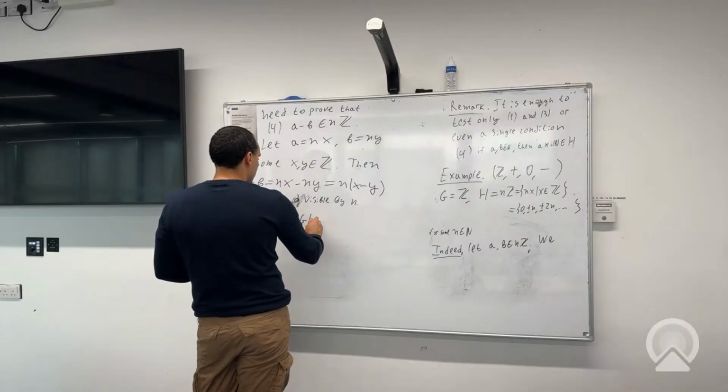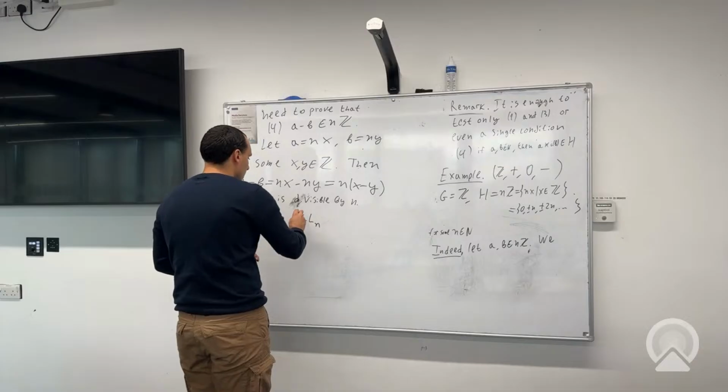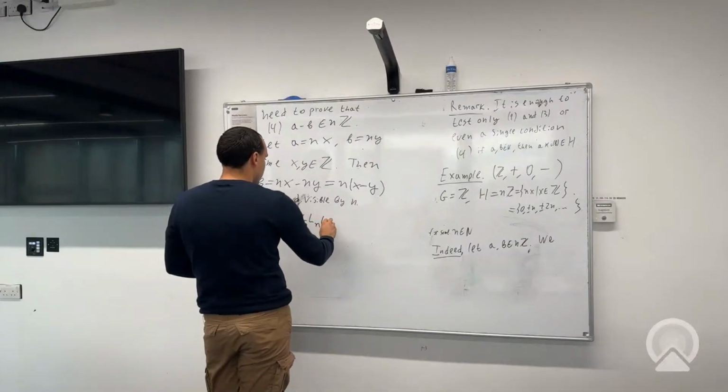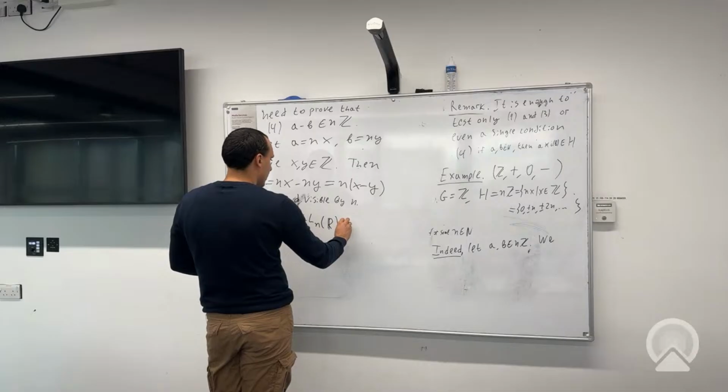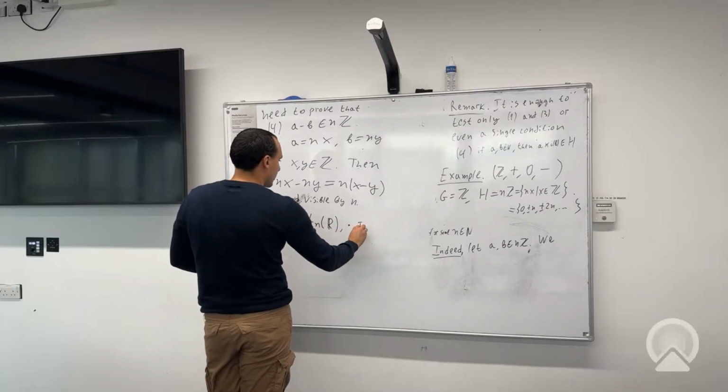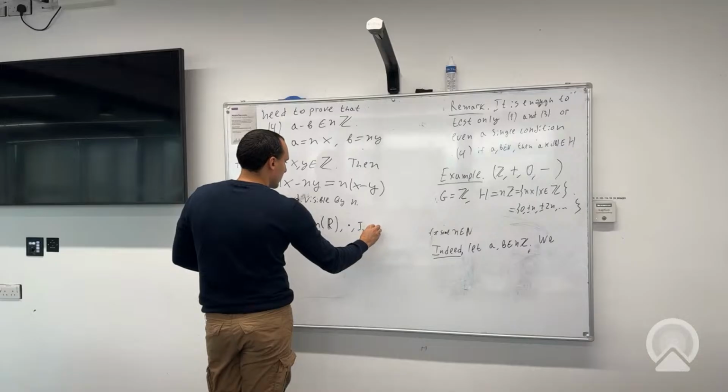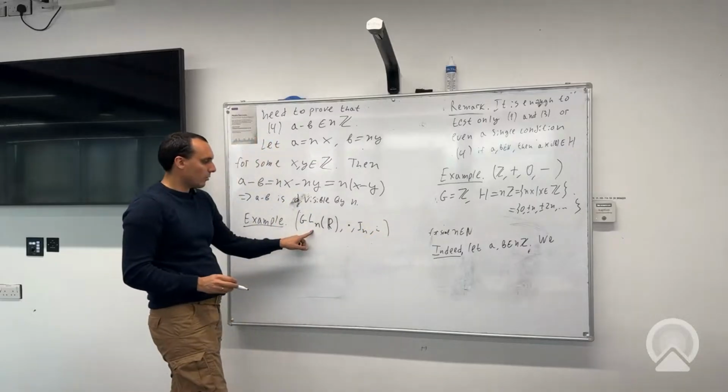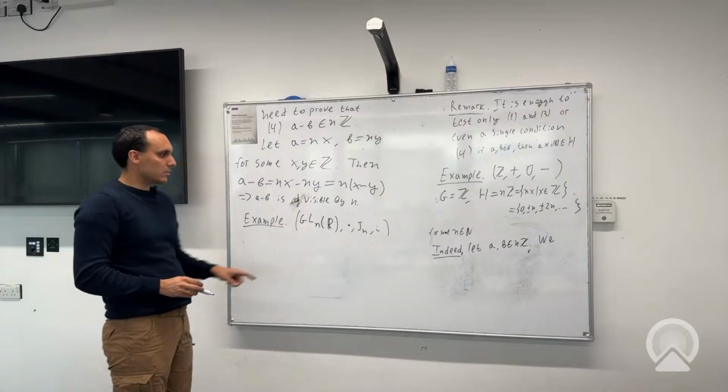Let me repeat the general linear group of, let's say, real numbers with multiplication, identity, and inverse. This is the general linear group. We talked about this at the moment.